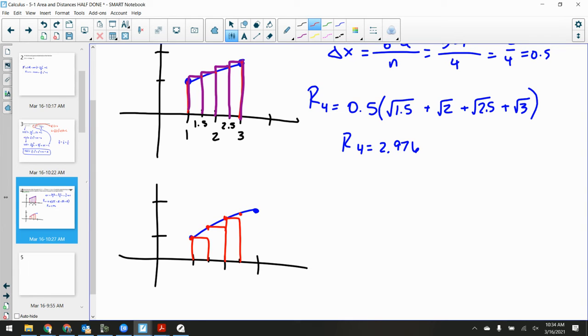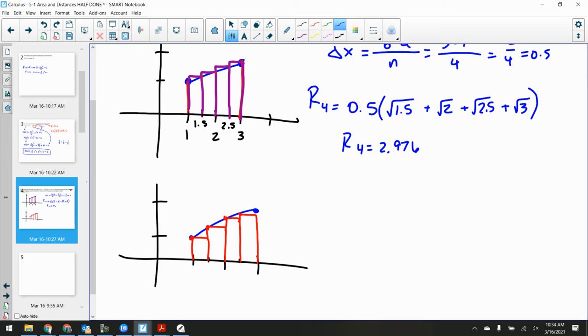Am I using f of 3? No, I don't use that last point. That height right here, that value is not one of the heights of the rectangles.